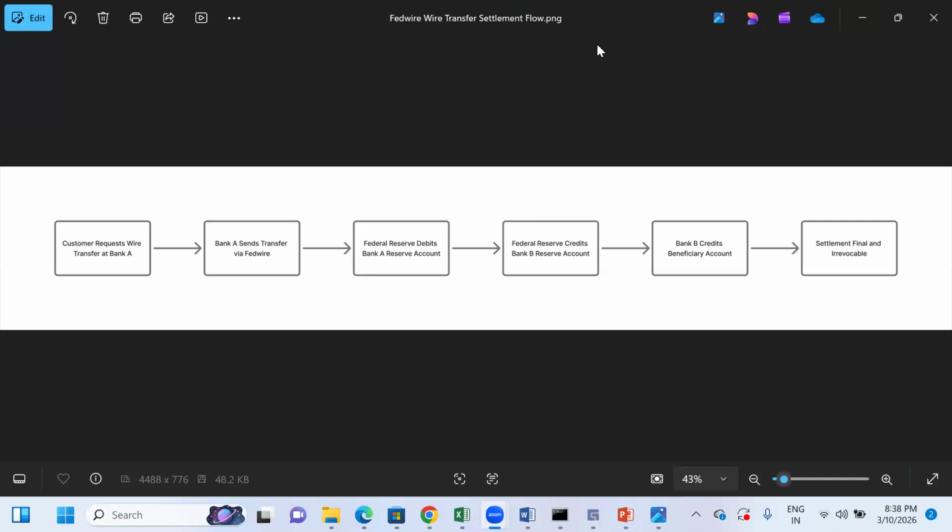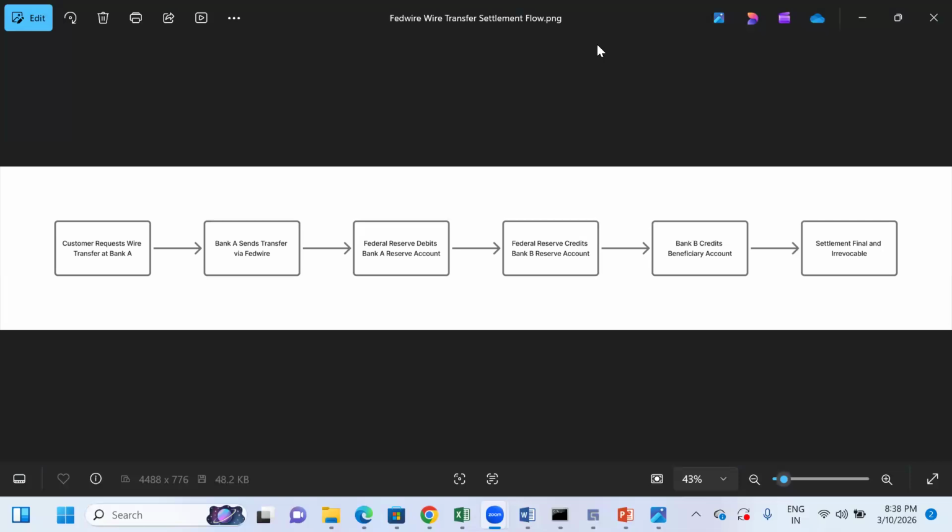Once it is fine, they automatically debit the sender's account and credit the receiver's account with immediate effect. Once the settlement is done, it cannot be reversed, because it is considered done.